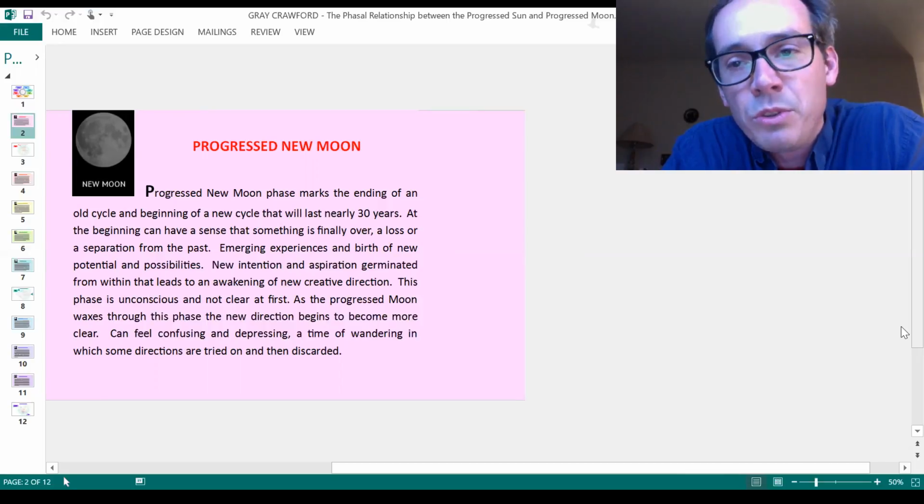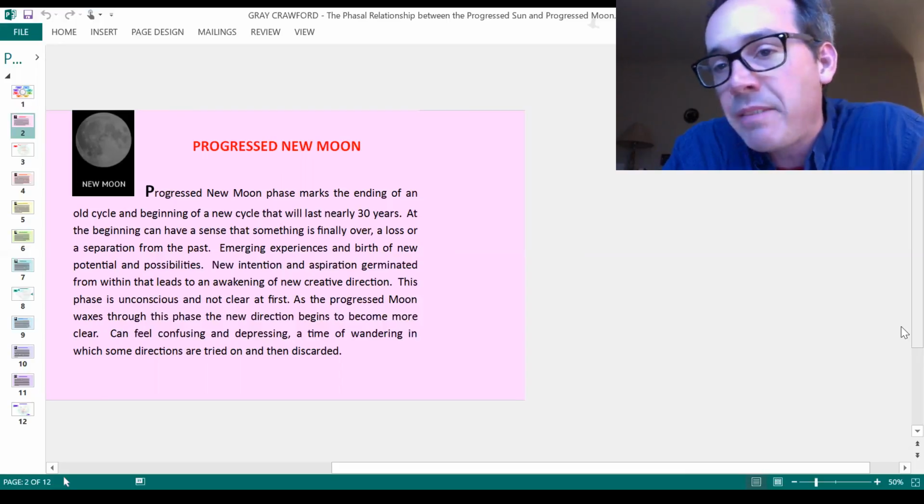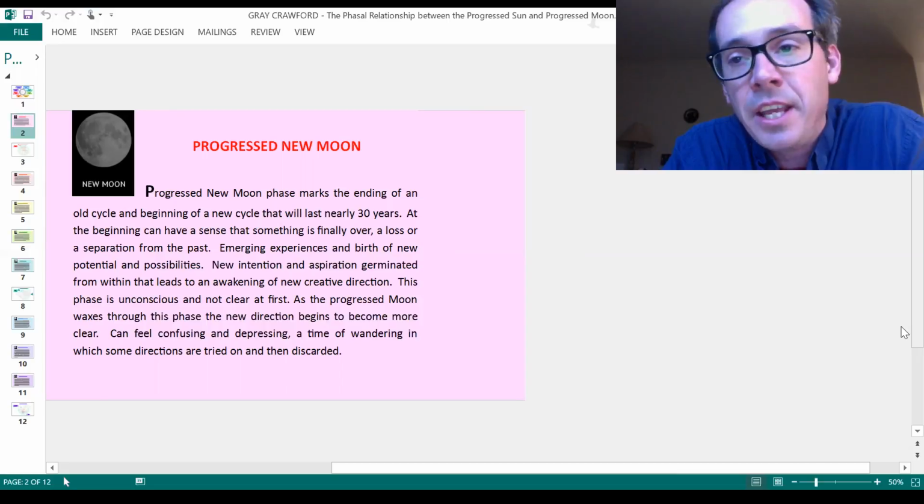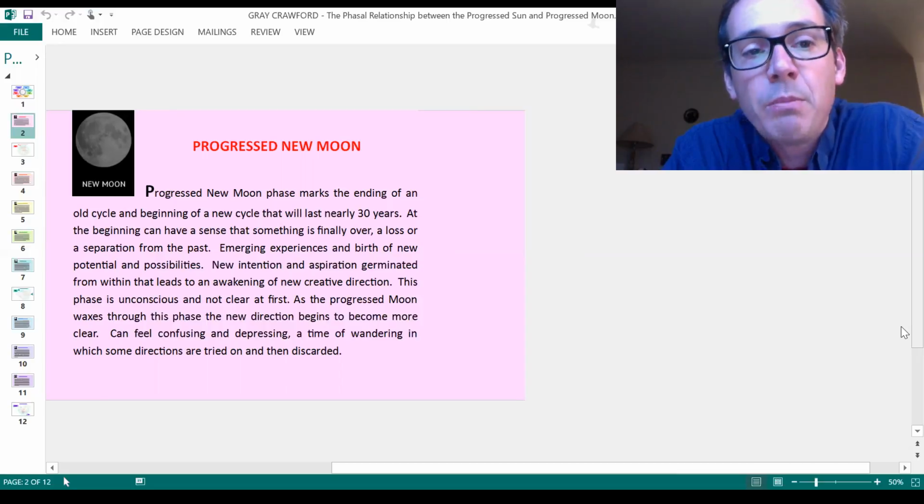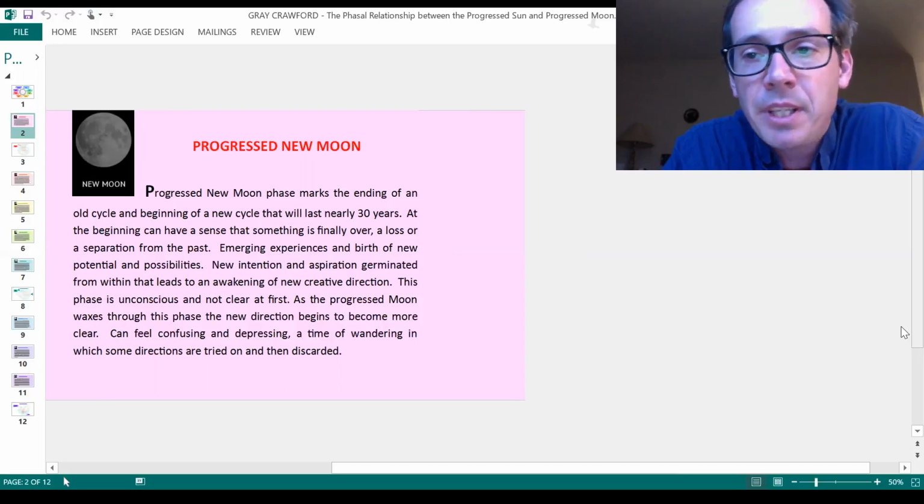And so you tend to come into this new moon phase, a dark phase at the beginning, so it is unconscious. Things are not clear yet. You may have a very strong intention and purpose of what you want to do at the beginning of the new moon phase, but what's actually going to end up happening and play out is not clear yet.